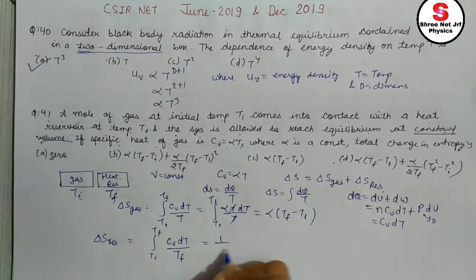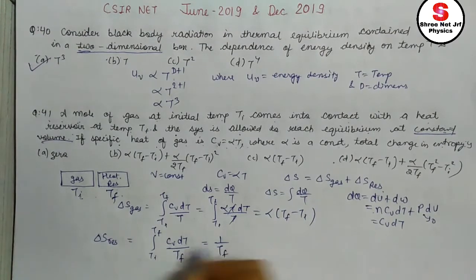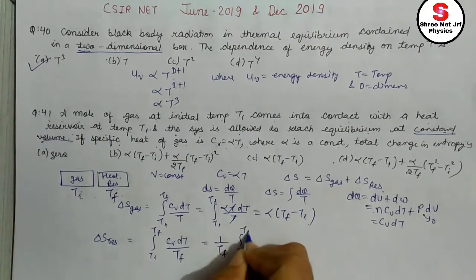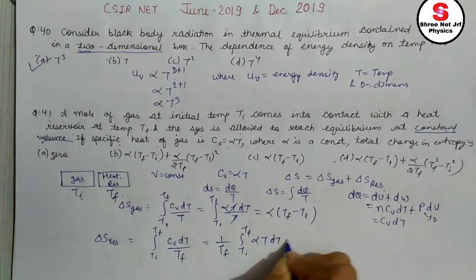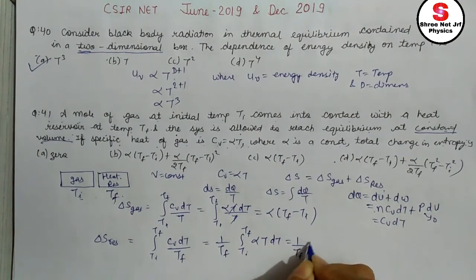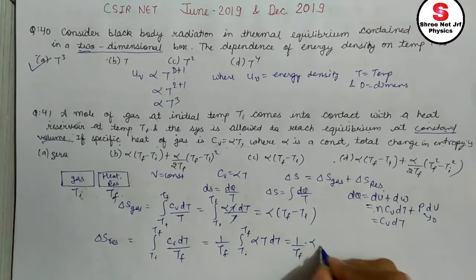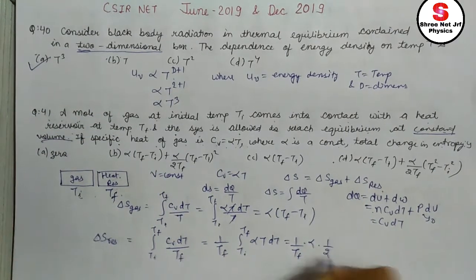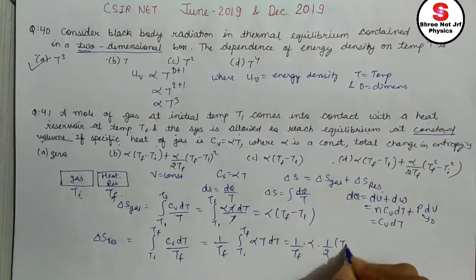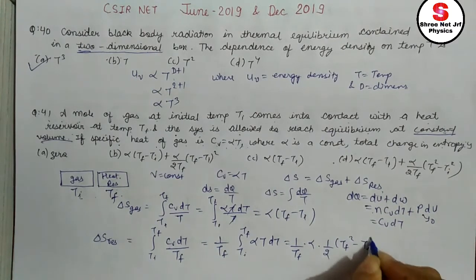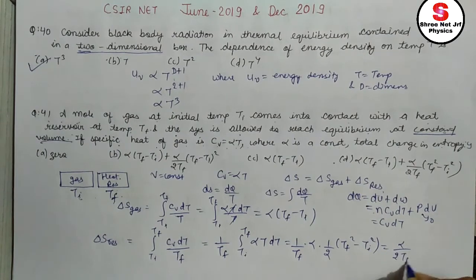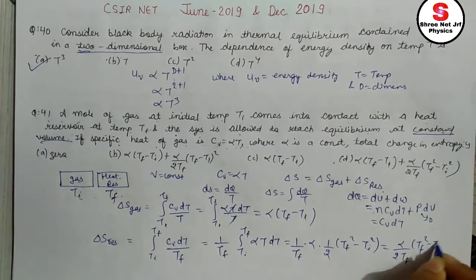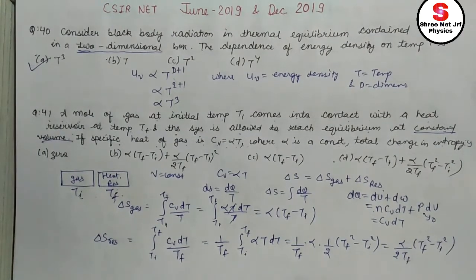I can take it outside: 1 by Tf times the integral over Ti to Tf of alpha T dT, which is 1 by Tf times alpha, the integration of T is T square by 2. On substituting the limits, I get Tf square minus Ti square. That means alpha divided by 2 Tf, times Tf square minus Ti square, right?